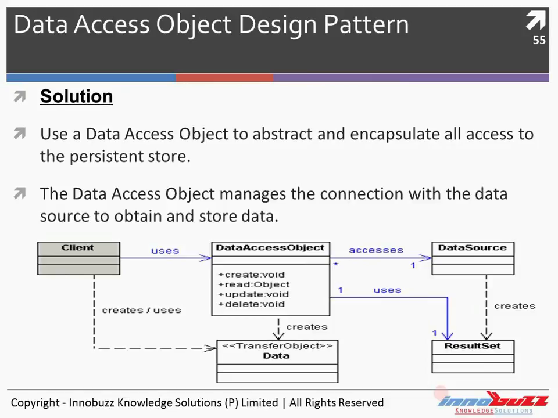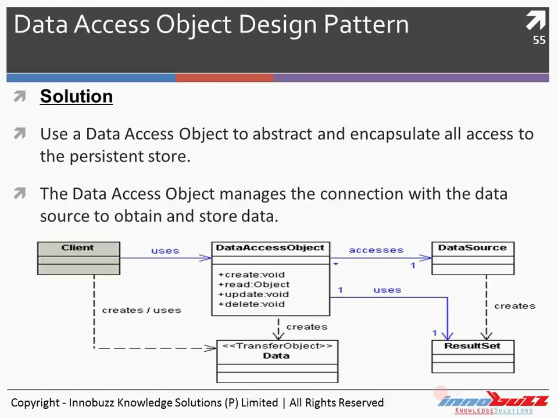And here, if you see in a diagram, the client can use the data access object, which can hold operations of this database like create, read, update, delete, and all these are operations to be performed using the database. So within this class, you can access the data source, which in turn can access the database to get your data. And also, if you notice, there is a transfer object.